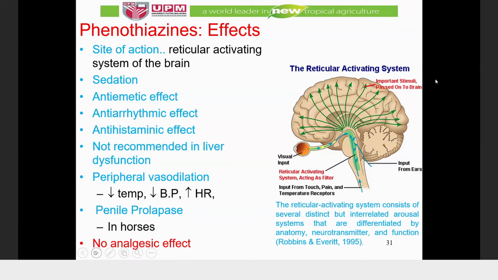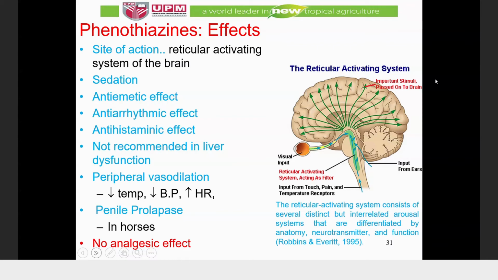Sometimes in a panicked animal or new environment, and sometimes with the drugs, just as an example, we use drugs in some animals which can also cause a reaction, like the release of histamine. So this is an antihistamine.